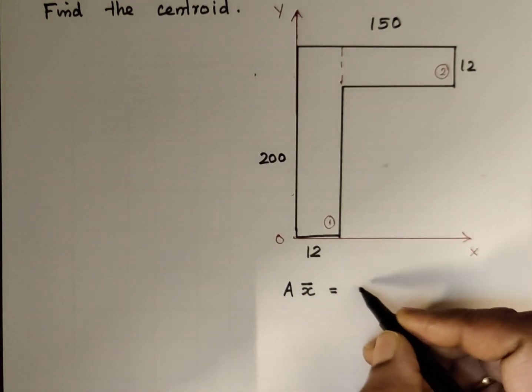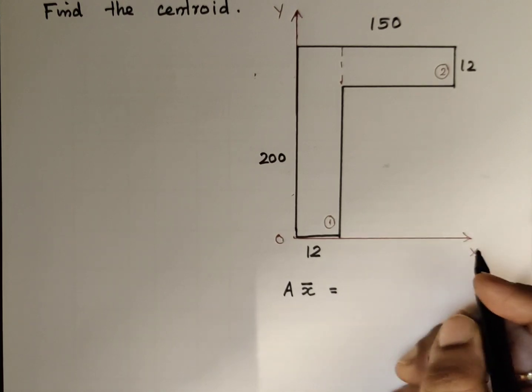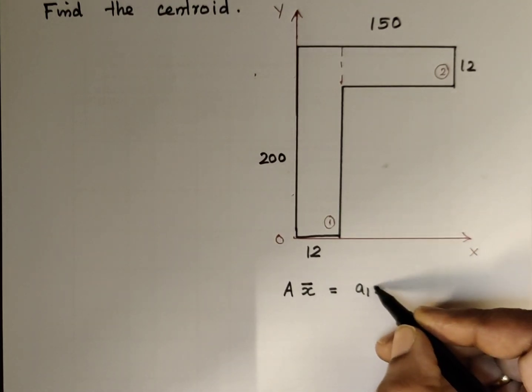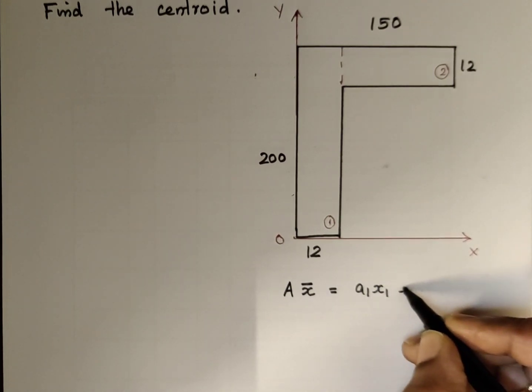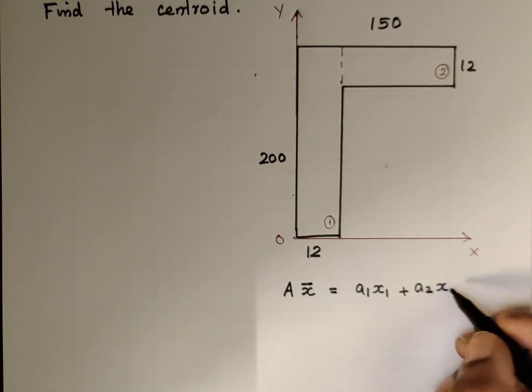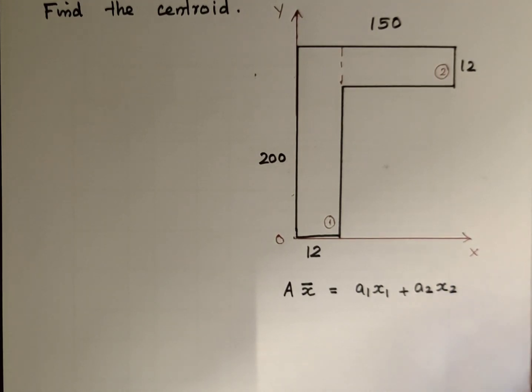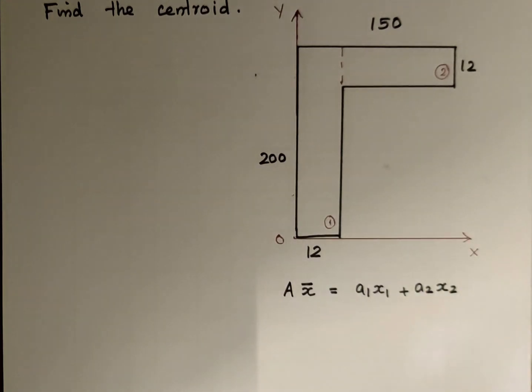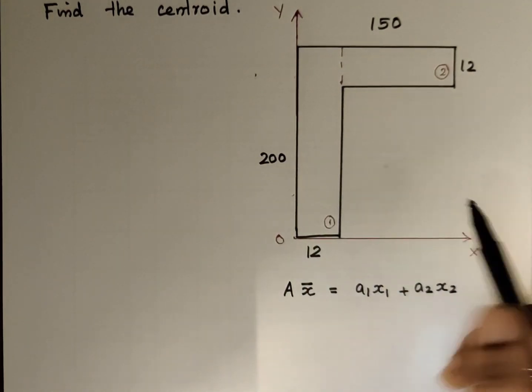That is equal to the sum of the moments of the individual areas, that is, the first area A1 into x1 plus A2 x2, where A2 is the area of the second figure and A2 x2 represents the moment of the second area about the axis. Here we are taking moments about the OY axis. x bar represents the x coordinate of the centroid.